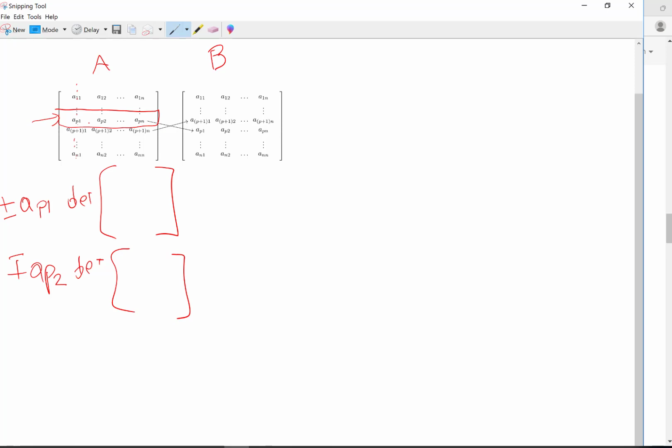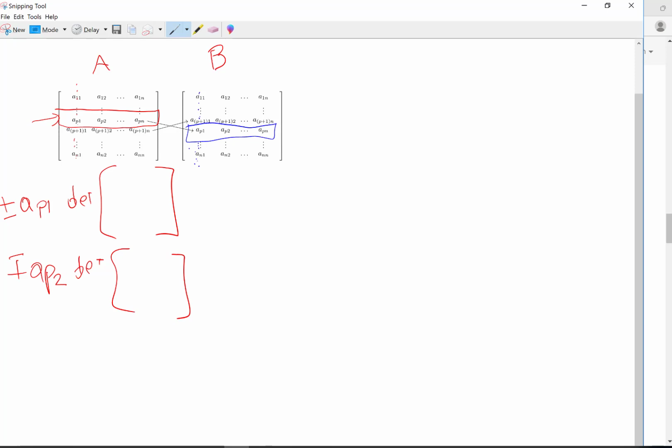Okay, so if we're going to talk about matrix B and finding the determinant and how they're related, let me change colors. I'll change to blue, let's say. And let's go across row P again. Well, notice when you're at AP1, you eliminate exactly the same entries that you did when you found the determinant of A. And same when you're at AP2.